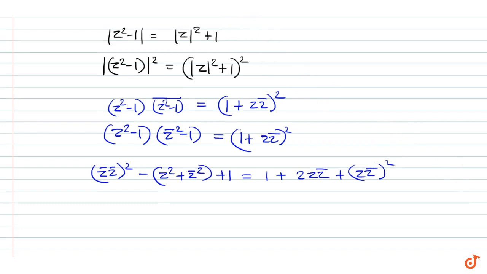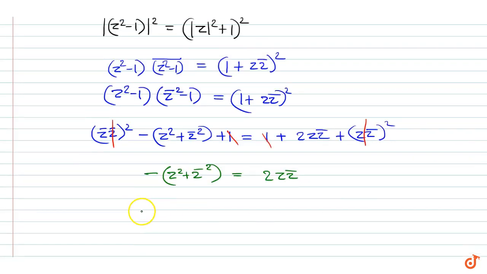Now we can cancel equal terms on both sides of the equation. Cancelling this term and this term, this one and this one, we get minus z square minus z bar square equal to 2 z z bar.